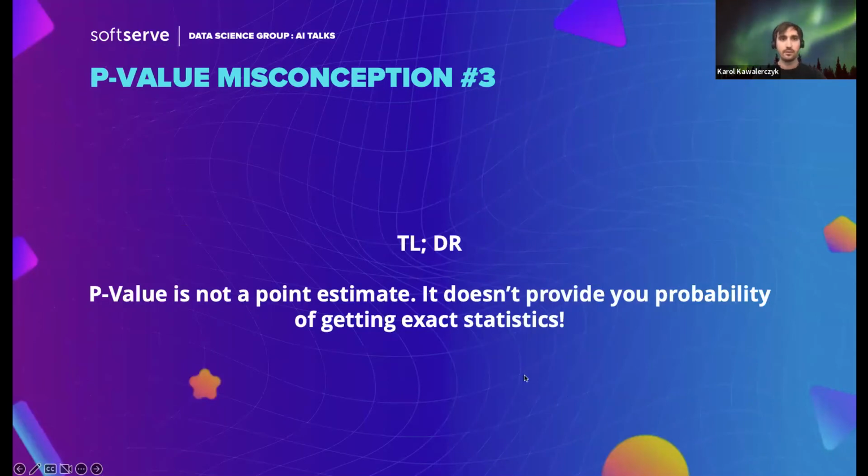The p-value is not a point estimate. It doesn't provide the probability of getting the exact statistic. It provides the probability of getting this statistic and more extreme ones. And extremity is measured in some way. In our example, it was measured in probability, so of getting this value or less probable ones.